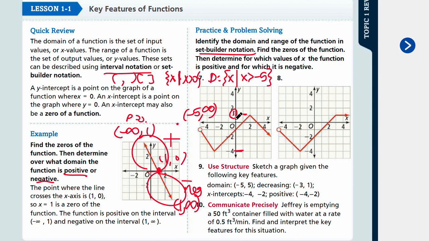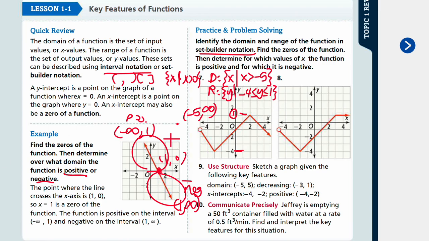So from -4 to 1, including -4 and including 1, that's your range. So your range in set builder notation would be y is greater than or equal to -4 and less than or equal to 1.